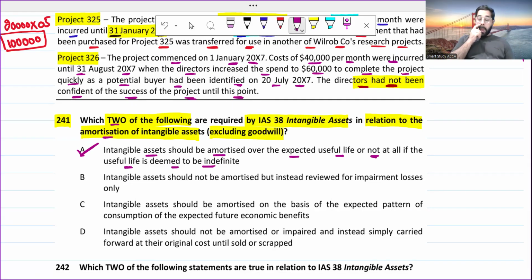So it is correct. If the intangible asset has a finite life, you will have to amortize it over the life of that asset. If the life of the intangible asset is indefinite, you will not charge any amortization expense and you have to do the annual impairment testing of that intangible asset, right? So this statement is correct.